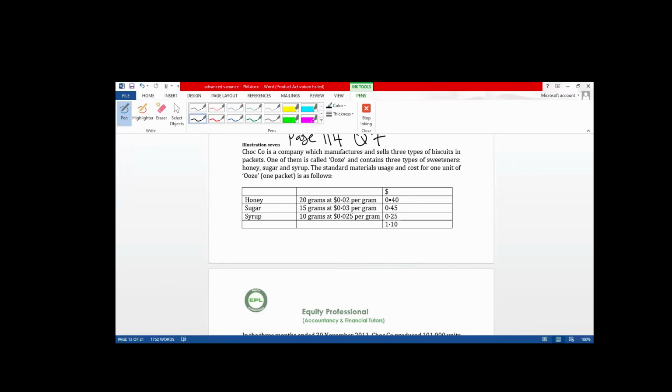The standard material usage and cost for 1 unit, 1 packet, is as follows.